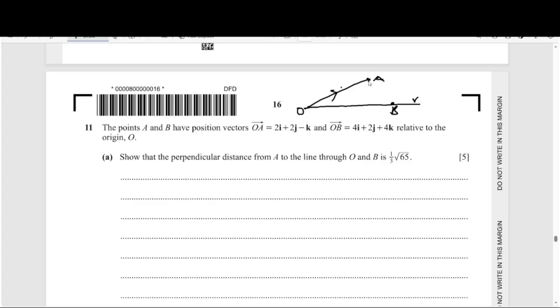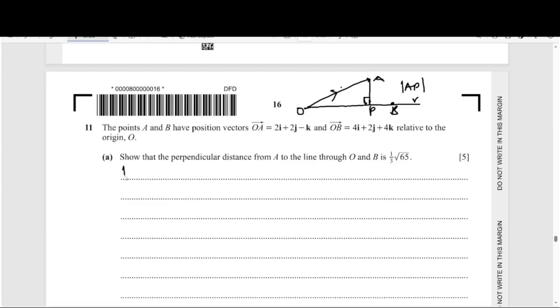You need to find the perpendicular distance, so a perpendicular line from A to this line, right? Meeting at 90 degrees. And we need to let the foot of the perpendicular be called P. Our job is to find the distance AP, right? So through this calculation, we are going to let P be the foot of the perpendicular.